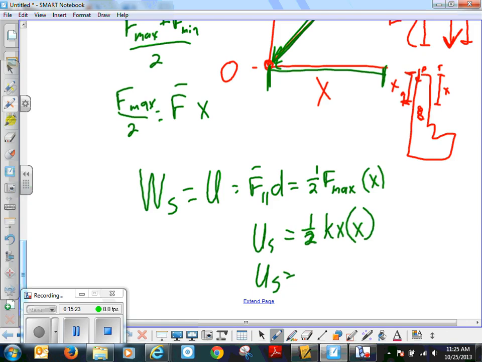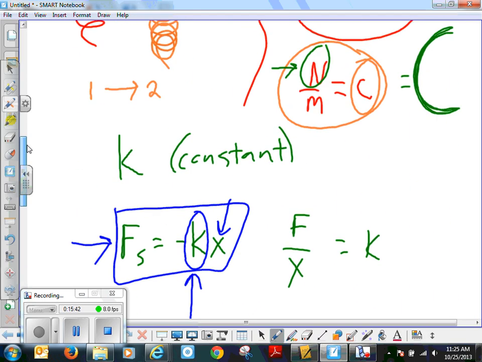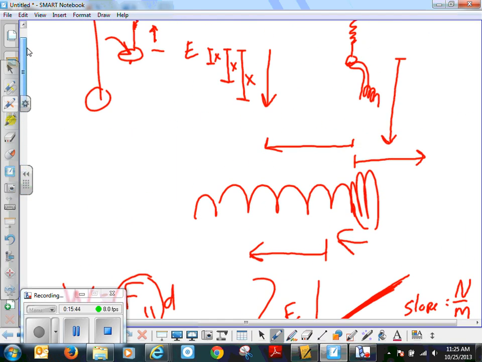The energy of a spring then is 1/2 kx squared. Okay? So that's our potential energy of a spring formula. Does it make sense how we got it? Okay. Thanks to you guys doing the lab, because I was wondering if that was the real situation or not.